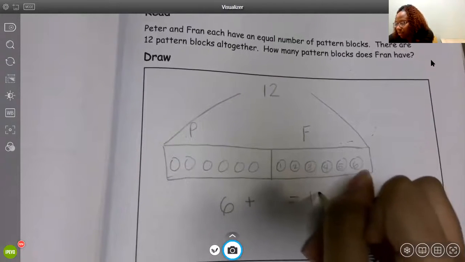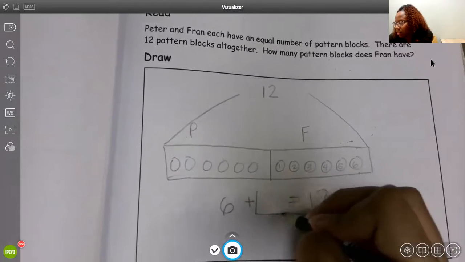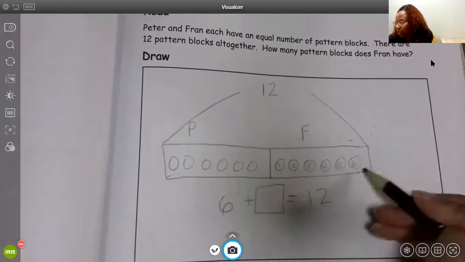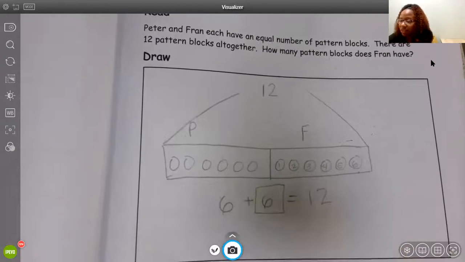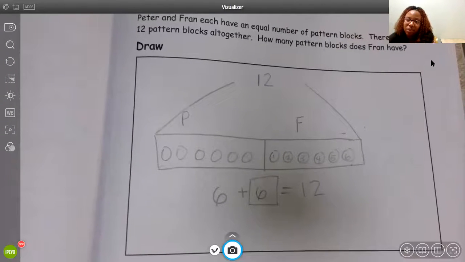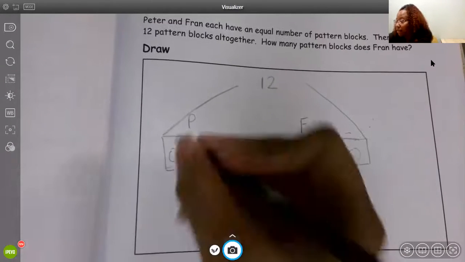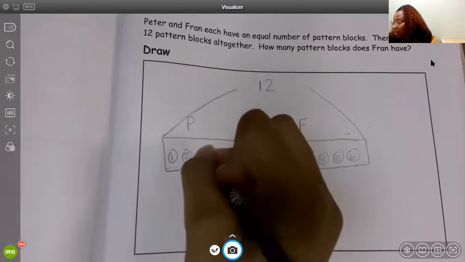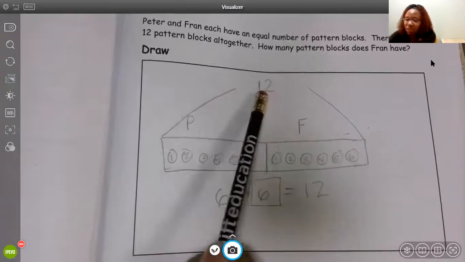I know they had 12. So let's go back to my picture. I know Fran has 6. So 6 plus 6 equals 12. Because they both have the same number of blocks. Peter has 6. Fran has 6. And it equals 12.